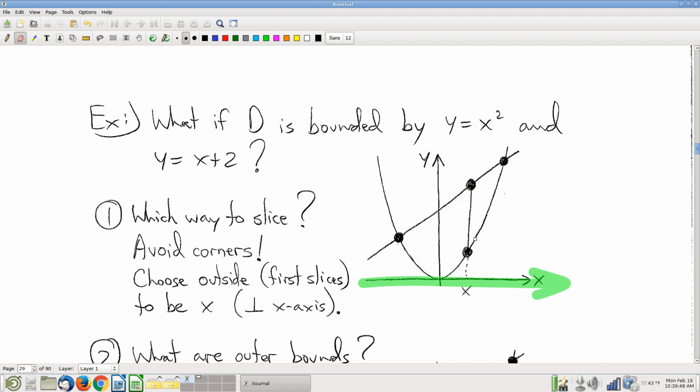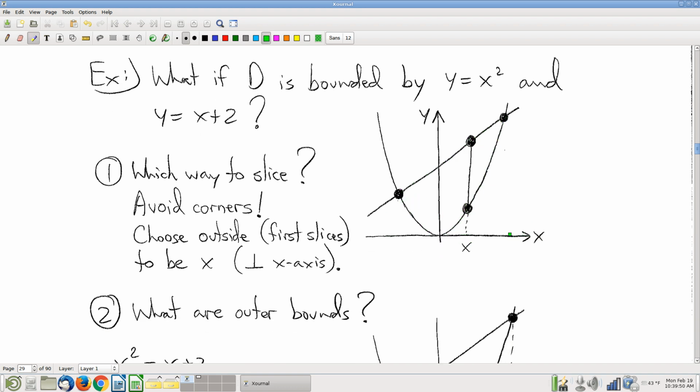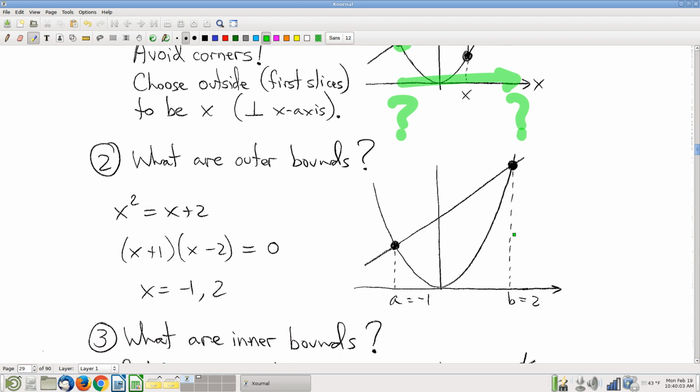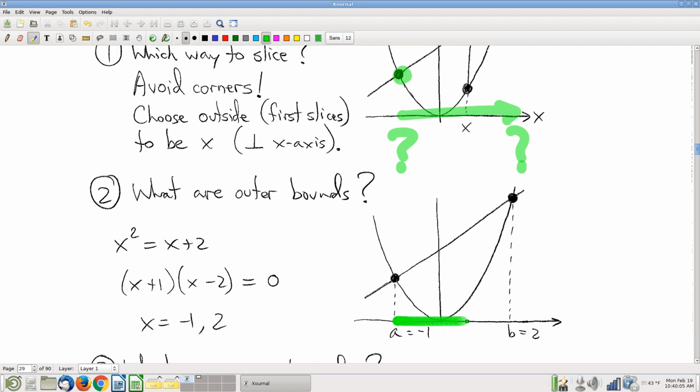Okay, all right, so having decided to do that, x is going to start there and end there. How do I find those bounds, the starting and ending values of x? So here we go. I want to know, for example, what is this value of x?